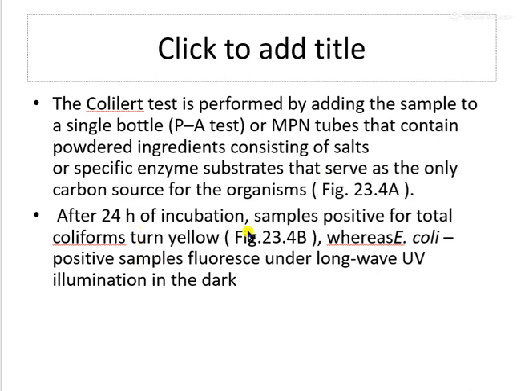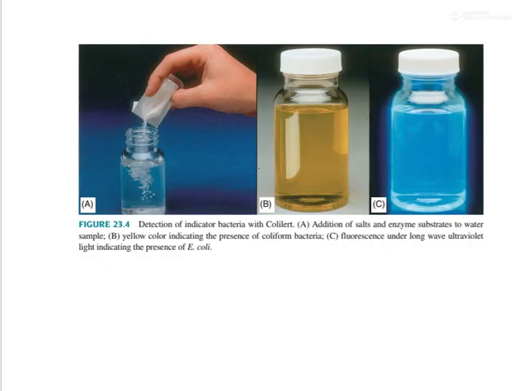After 24 hours of incubation, you check whether coliform bacteria are present: if it converts to a yellow color when you add ONPG, that is a positive Colilert test, or when you add MUG into the water, if it fluoresces, that also indicates a positive coliform test.